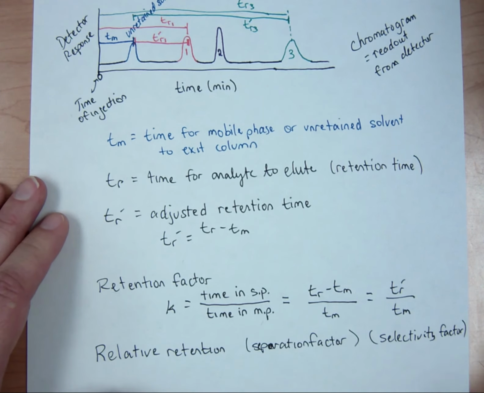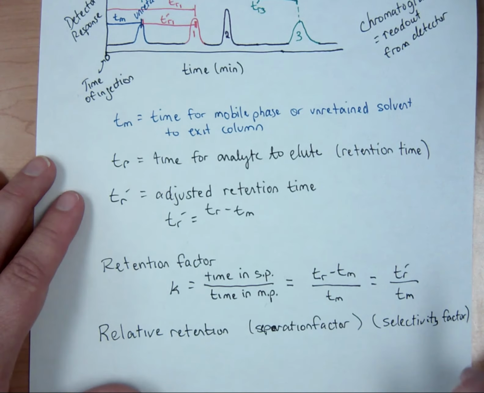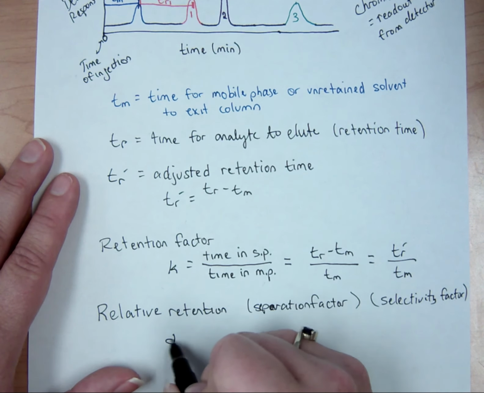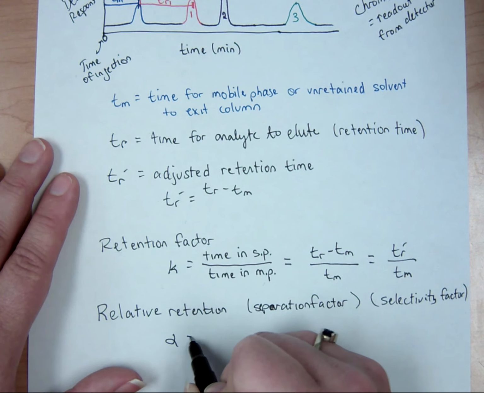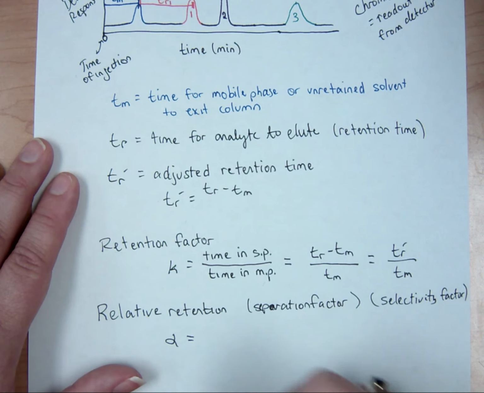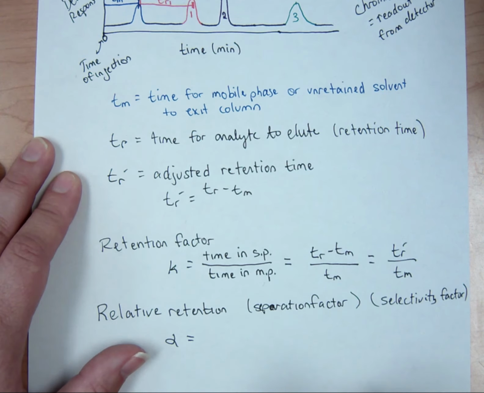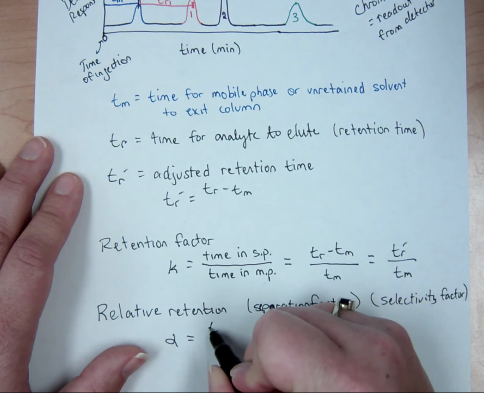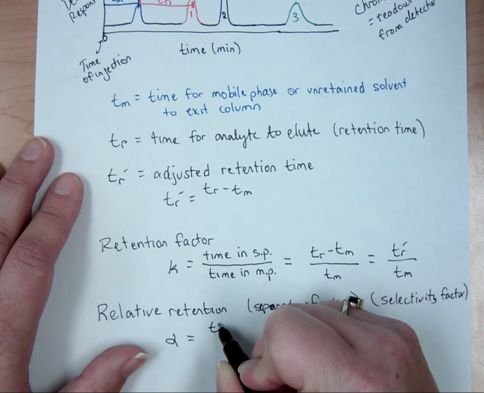Okay. But so what does this relative retention mean? Okay, so this is the symbol alpha. So it's a Greek letter alpha. And the relative retention is the ratio between the adjusted retention times for two analytes.